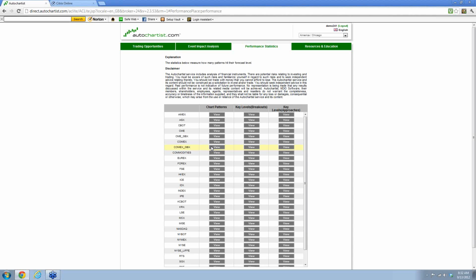Okay, so you can then go back to the search list and only have these patterns in there, and that'll give you some confidence that you're searching for patterns that Autochartist deems as highly reliable.